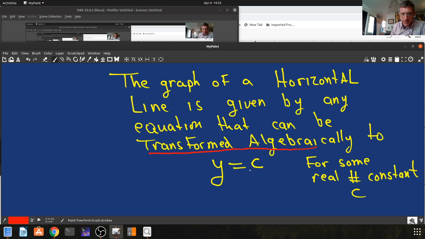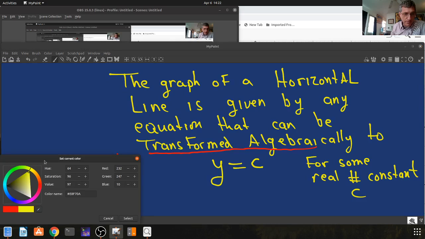Because this is obvious: y is equal to c. If you're given, for example, y is equal to minus 1, you know that's a horizontal line where y is always equal to minus 1. But what do I mean about transformed algebraically? And it's really not as bad as you might be thinking.